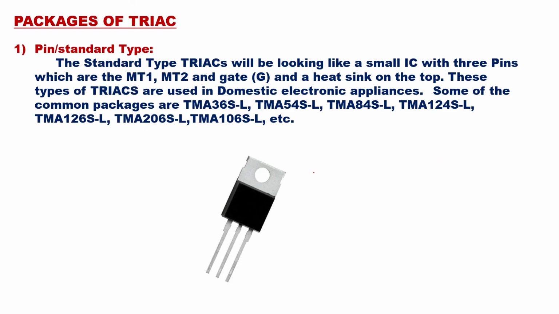If you see the packages of TRIAC, the first type is the standard pin type. In the standard type, TRIAC will look like a small IC with 3 pins, MT1, MT2 and gate, and a heat sink is also there on the top. So here you can see this is the heat sink and these are the 3 terminals. These types of TRIACs are used in domestic electronic appliances.